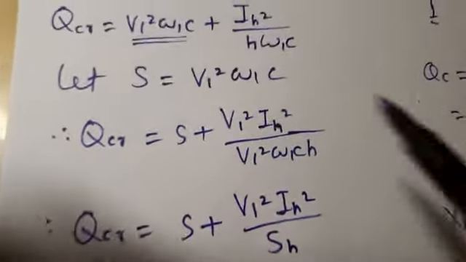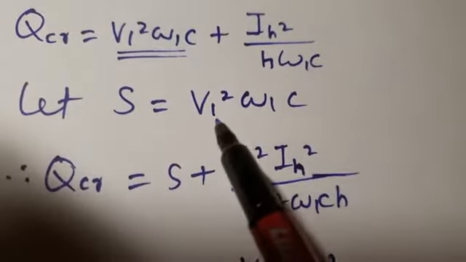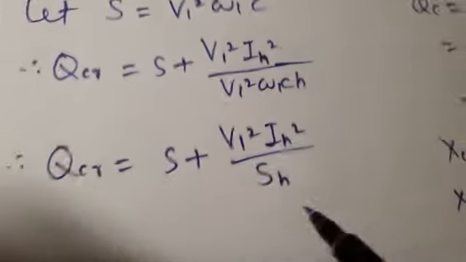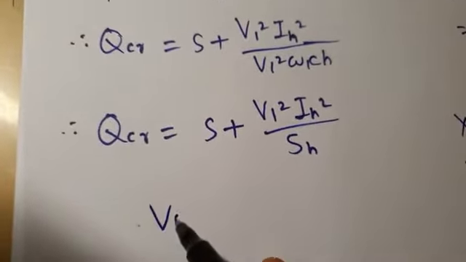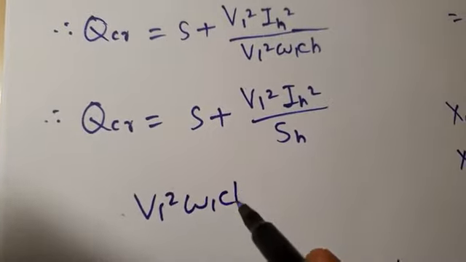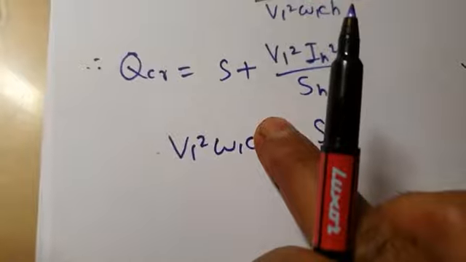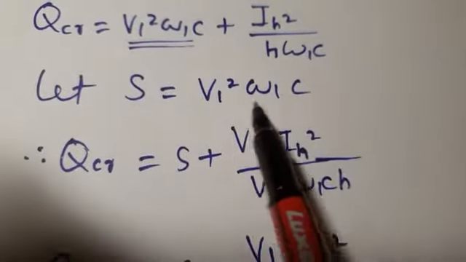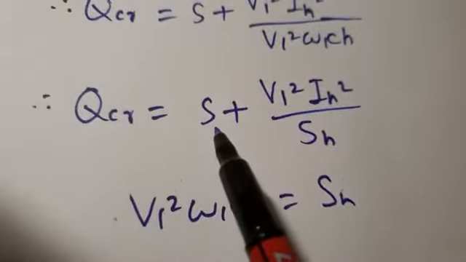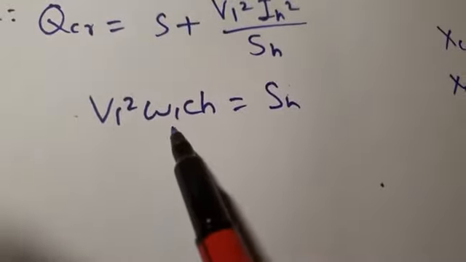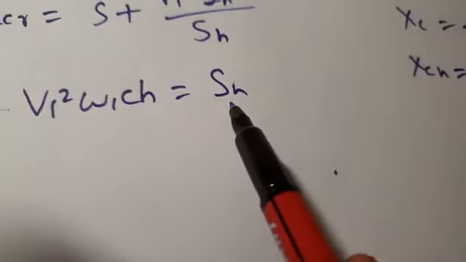It's interesting to see. If S is V1 square omega 1C, what is V1 square omega 1CH? If I remove this H, I get V1 square omega 1C, and we already know that is S. What is V1 square omega 1C multiplied by H? That is SH.